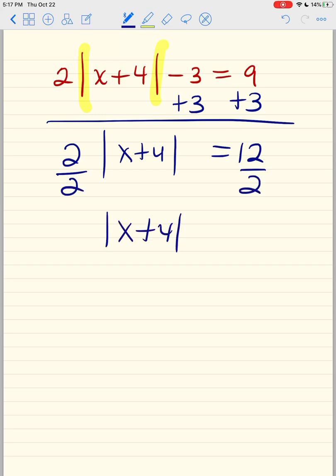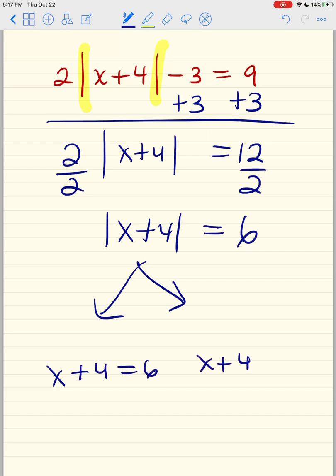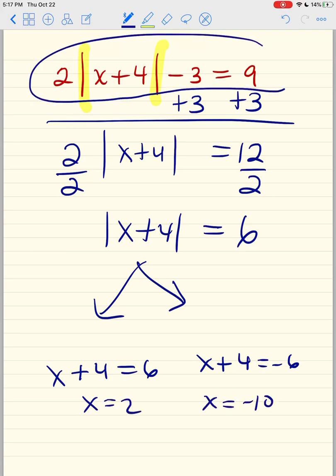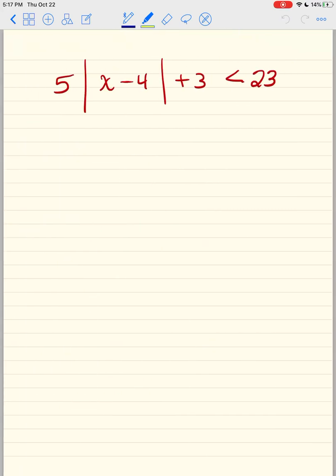And then, I'm not going to do this one, but basically all you have to do, now this is not a range of answers because it says equal. Okay? And then your answer would be 2 and your answer would be negative 10, and then you can check it up here and they should both work. But you gotta move everything away from the absolute value sign before you start doing equals 6 and equals negative 6. Always equal to this and the opposite.